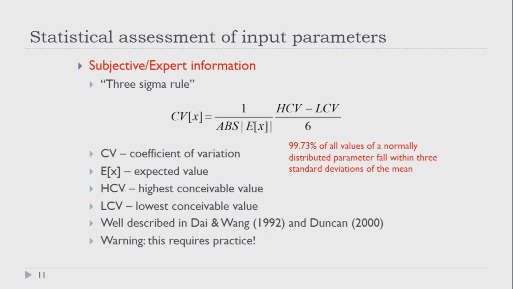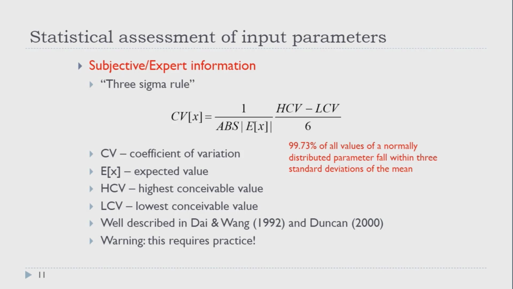For example, there's the expert information option. We can use the 3 sigma rule, where we take the highest conceivable value of a parameter and its lowest conceivable value, and then we calculate its coefficient of variation, assuming that these are really extreme values, so that we would have about a 99.73% chance that it's between these values.